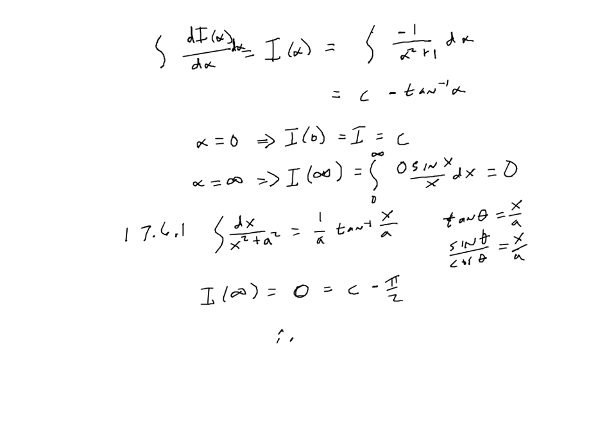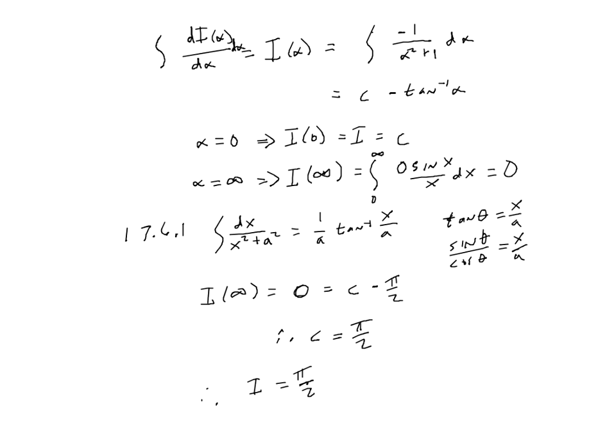And because of that, this constant we're looking for is pi over 2. And so if the constant is pi over 2, and the solution for the first integral is just the constant, then the integral should be equal to pi over 2.